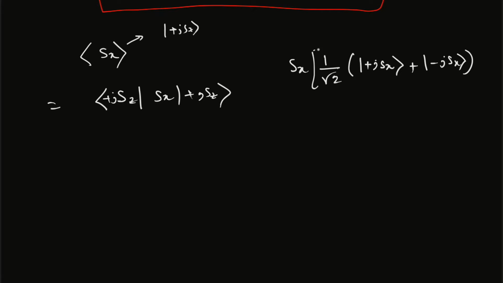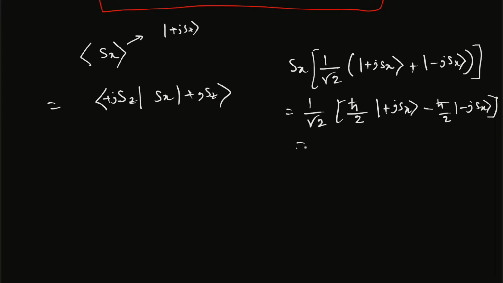If we operate Sx on this state, what will we get? 1 by root 2, this will give plus h cut by 2 plus Sx, this will give minus h cut by 2 minus Sx.